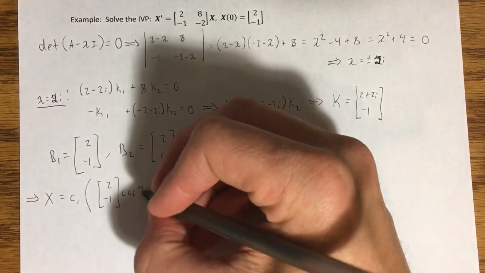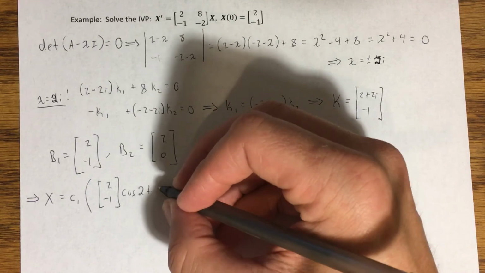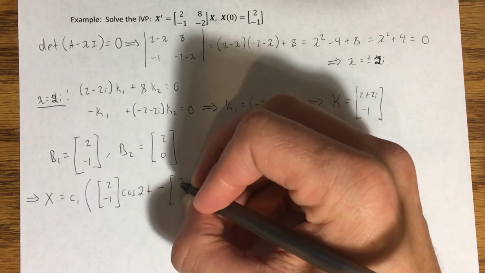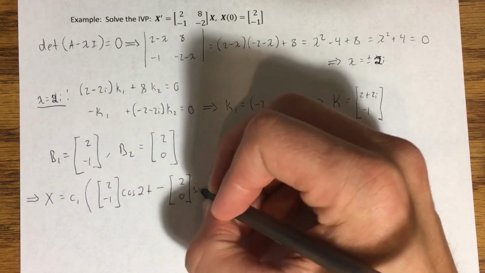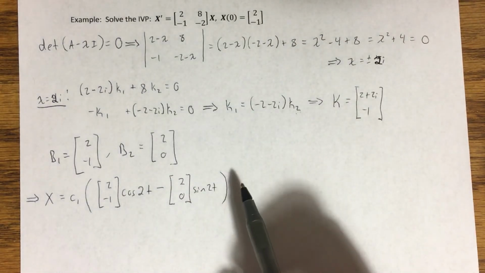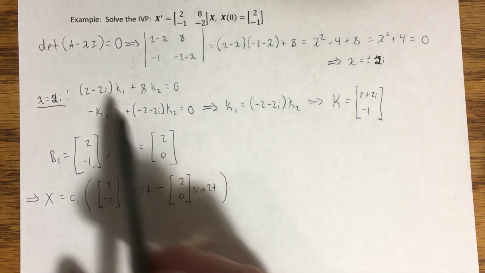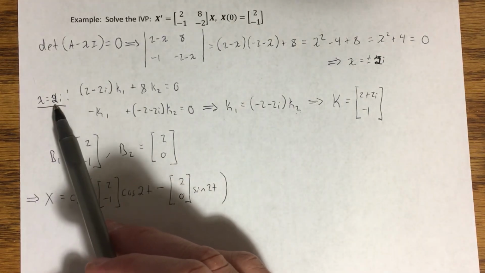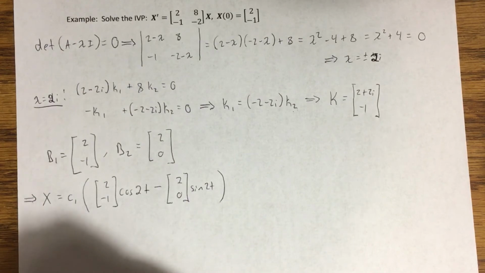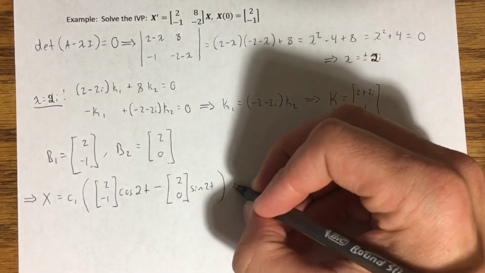So 2t minus b2, which is 2, 0, sine of 2t, times the exponential e to the what t? Well, e to the alpha t, but alpha in this case is 0 because that's the real part of our eigenvalue here. So e to the 0 is just 1, and we don't need to write anything additional for that.